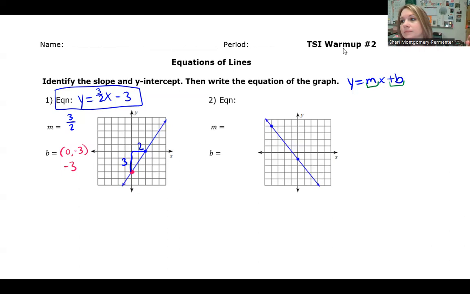Are you wanting to do it? Sure, you can go do it on the board. Okay, make sure you stamp your paper.